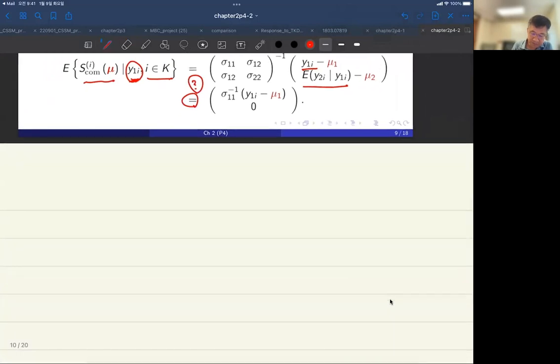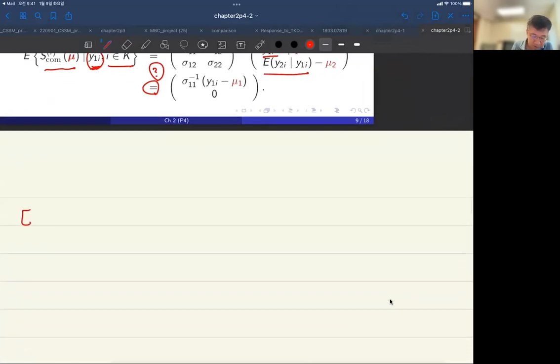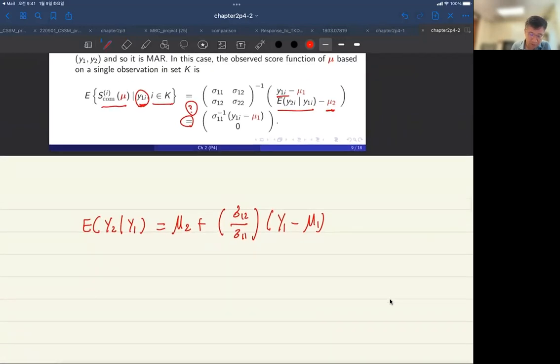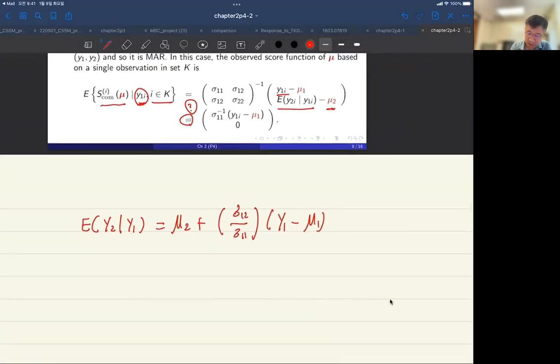Well, first of all, you need to understand Y2 given Y1, under Gaussian normality. This is the basic property of the normal distribution, right? Okay, so then we take the minus. Let's call this the left-hand side.